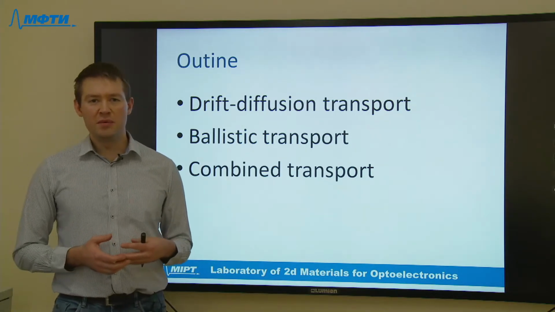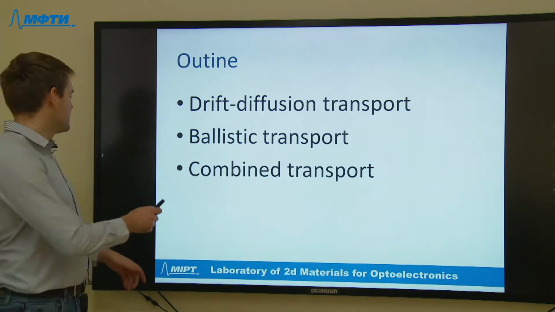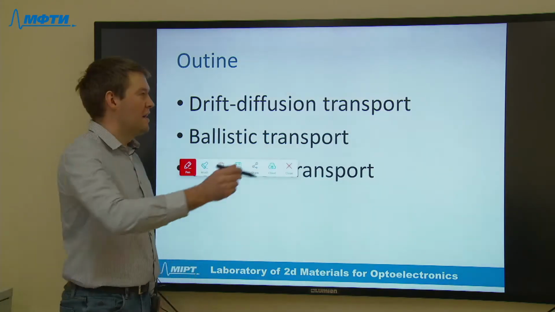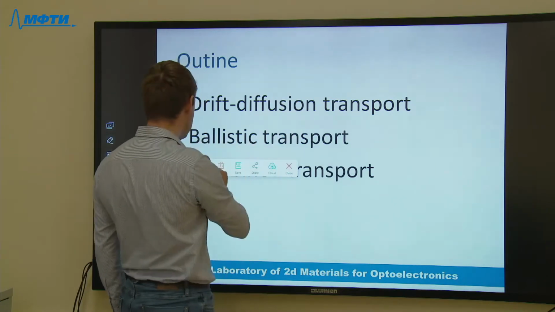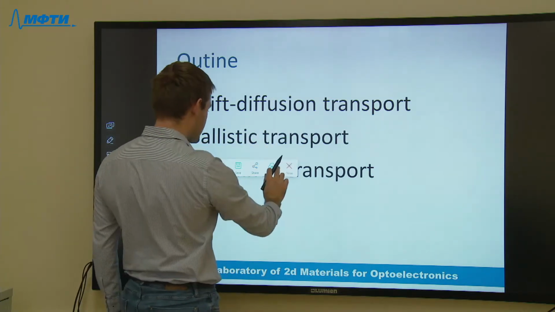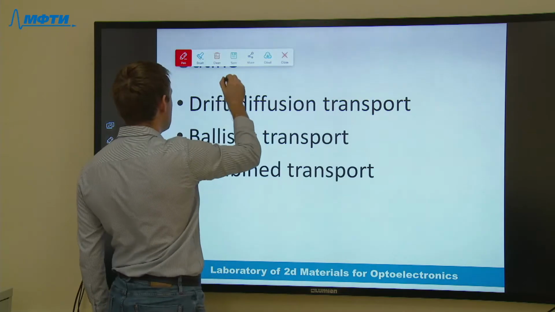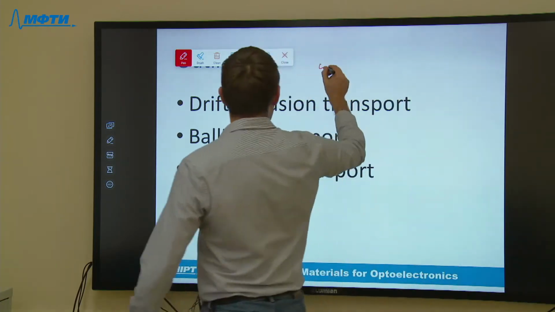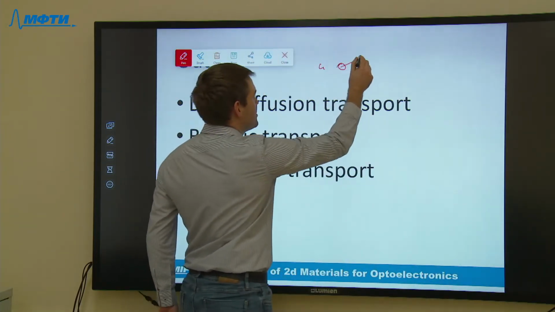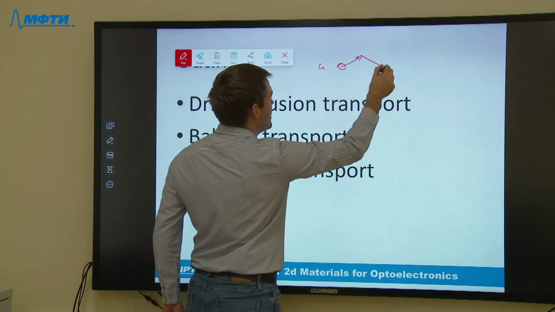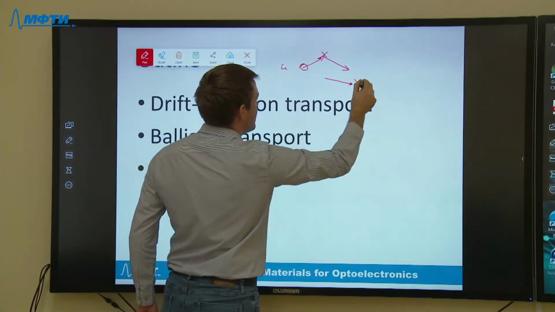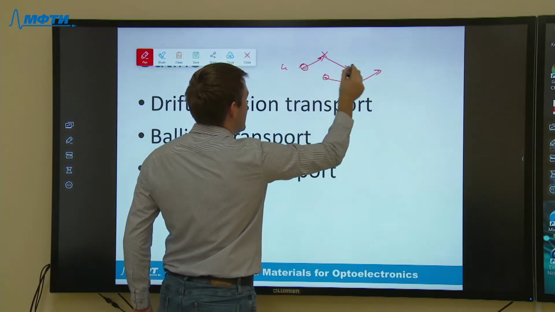The difference between these two is that when we consider drift-diffusive transport, then we consider the electrons to be moving with very frequent collisions, for example, with lattice defects or phonons and so on.